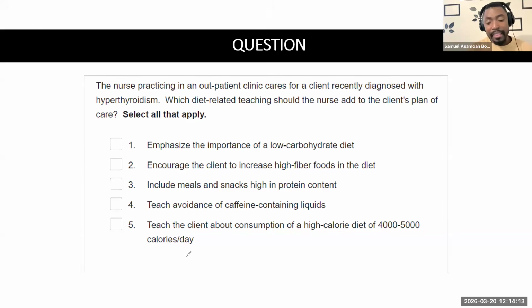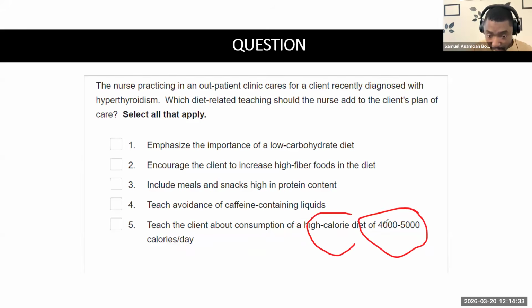Now, people too will read the English. What is your thought of this one? It says high. I know they mean high, and these figures are high. 4,000 to 5,000 are high calorie, right? That is what the English is suggesting, so I don't even need to understand it.